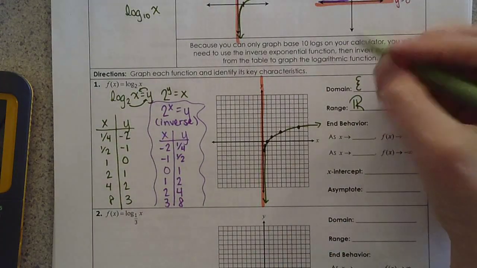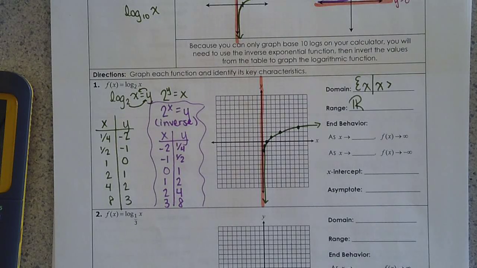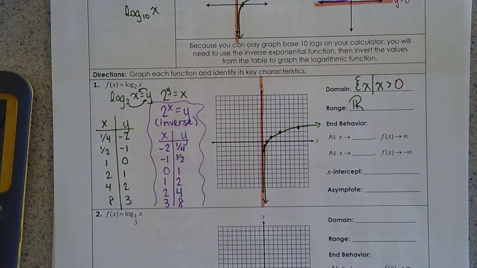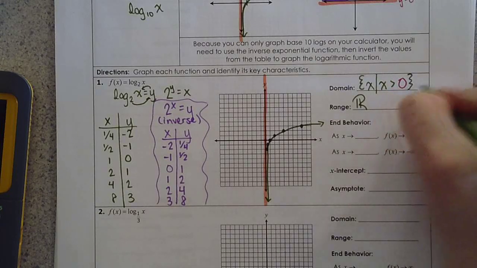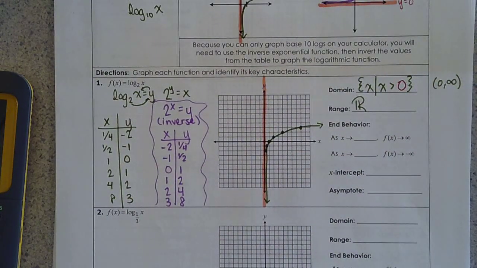So we're going to say x such that x is greater than 0. Or you might say 0 to infinity.